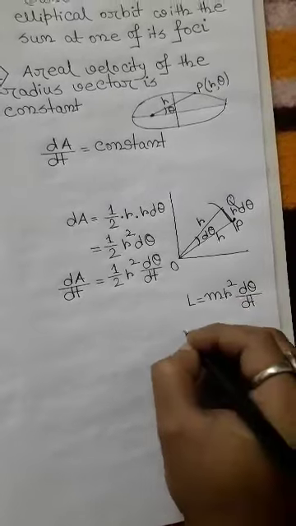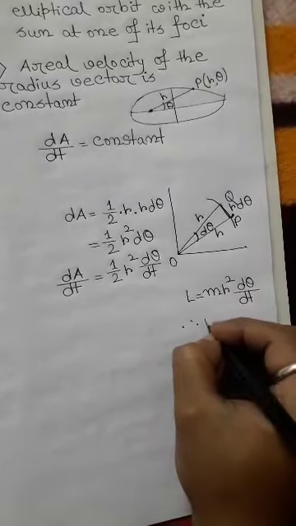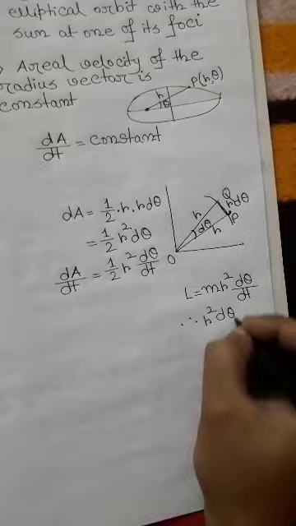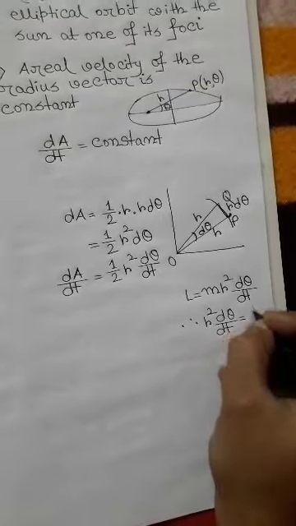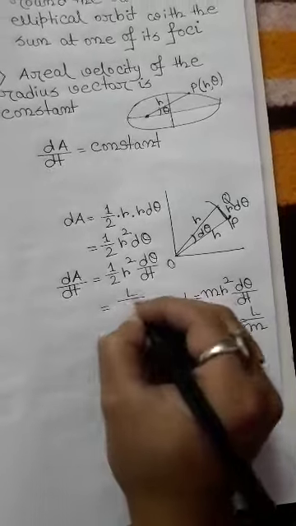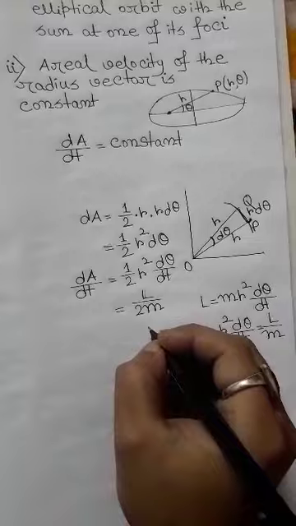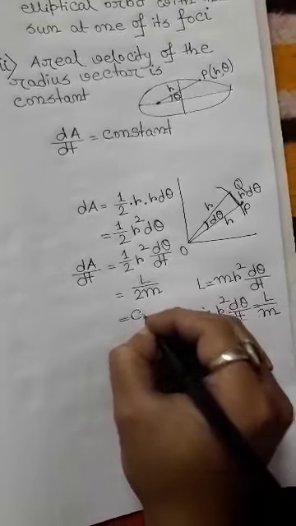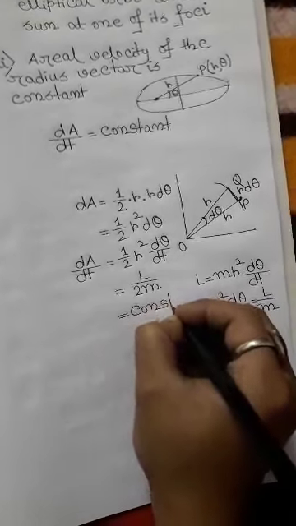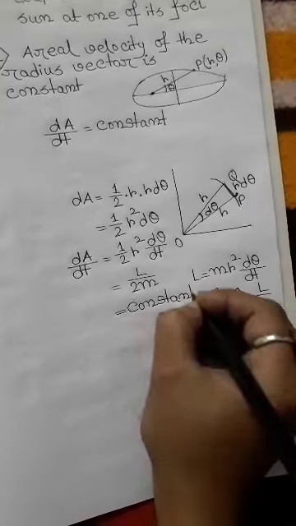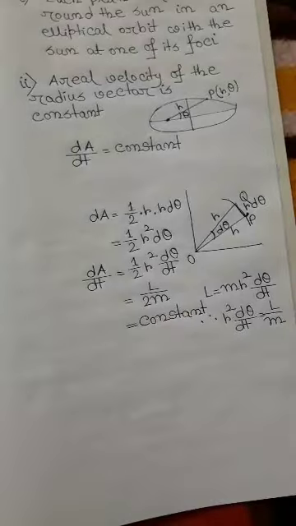From this, r square d theta by dt is equal to L by m, which is constant. So dA by dt is L by 2m. L, the angular momentum, is constant and m, the mass of the planet, is also constant, so the areal velocity remains constant. This is how we can prove Kepler's second law.